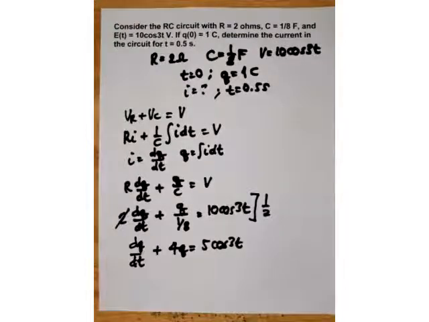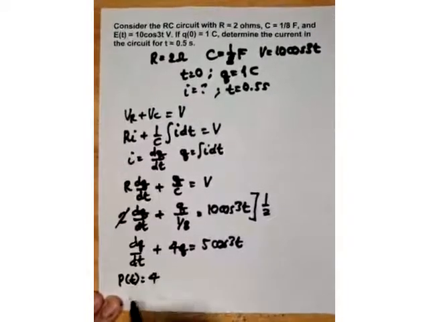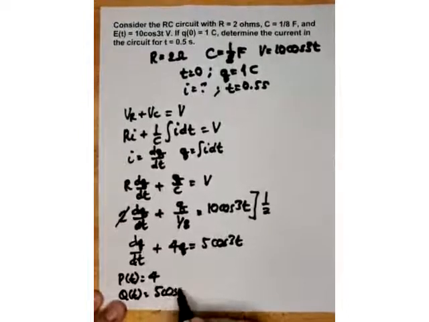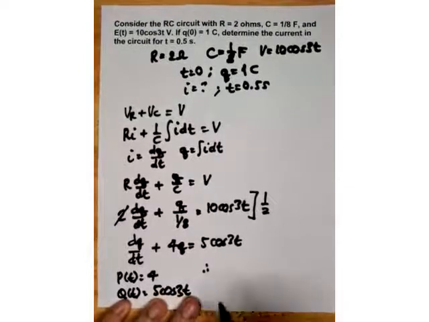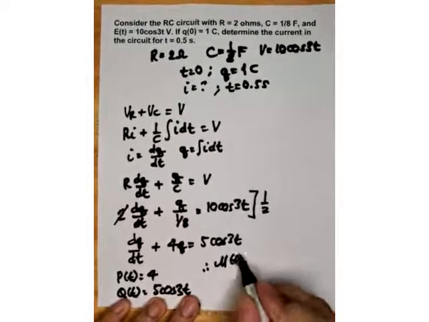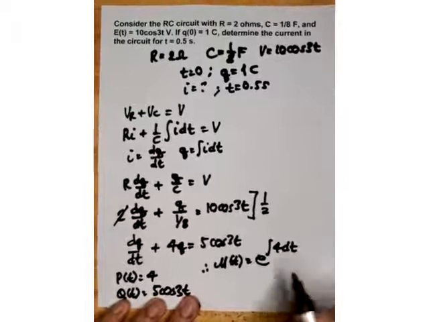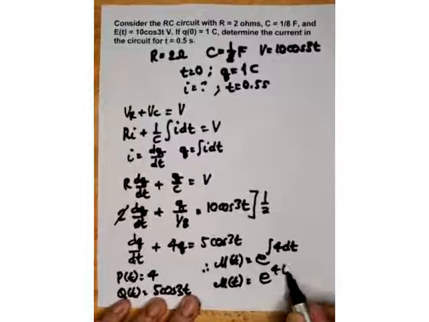Okay, so what's our P of t? So that's equal to 4. And then yung Q of t natin ay 5 cosine 3t. So therefore, the integrating factor is equal to e raised to the integral of 4 dt. So the integrating factor is equal to e to the 4t.